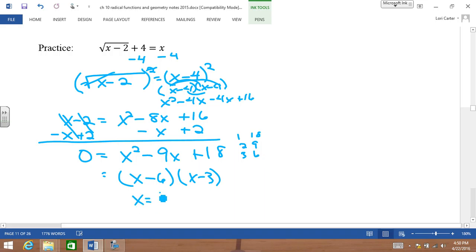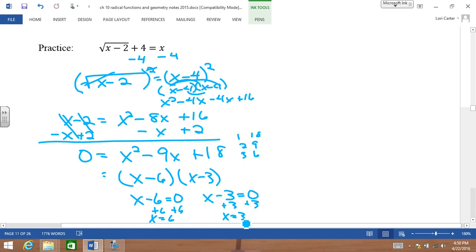So x equals 6 and x equals 3, and you set them equal to 0. Here, we'll show that set. Make sure no one's lost. So we go x minus 6 equals 0, x minus 3 equals 0, add 6, so x equals 6, add 3, so x equals 3.